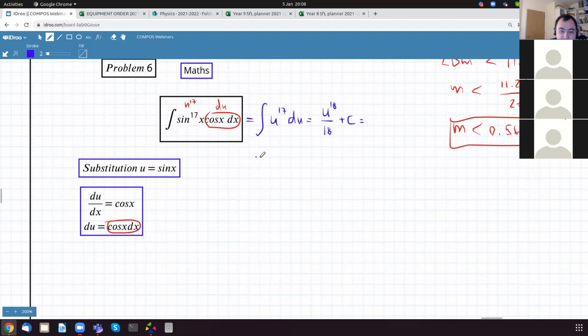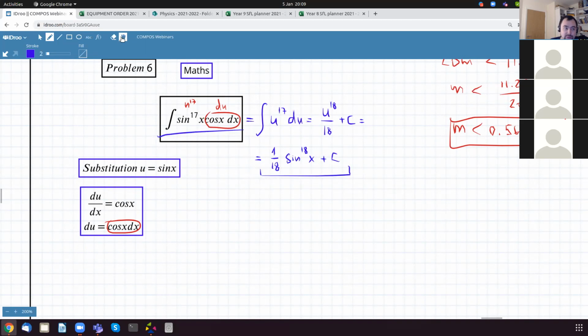And you do reverse substitution. So you go 1 over 18 sine to the power 18 x plus c. And that's it. This integral, which initially looked very difficult, is actually just this.